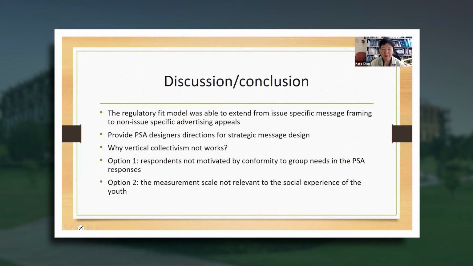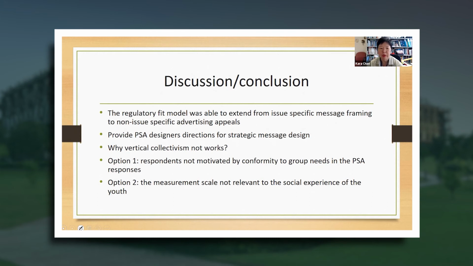So we think that maybe respondents are not conforming to the hierarchical and authoritative voice, and therefore this didn't work. But the second explanation, I myself found more reasonable, because we find that the measurement scale was not that relevant to the social experience of the youth.